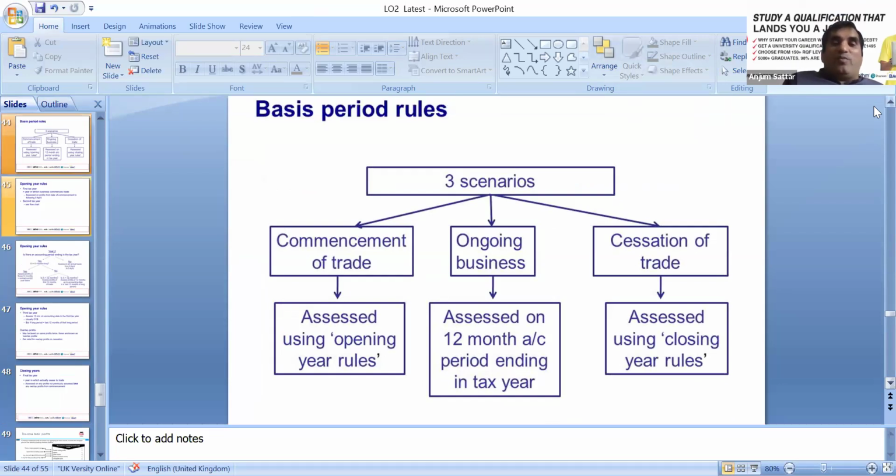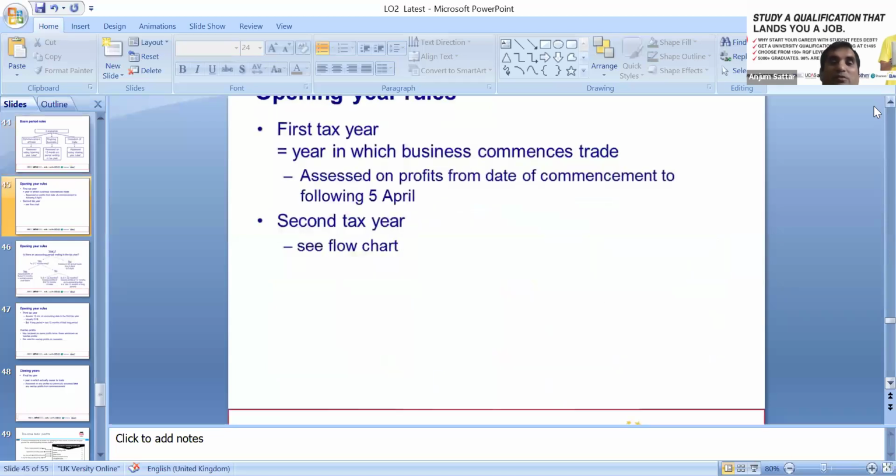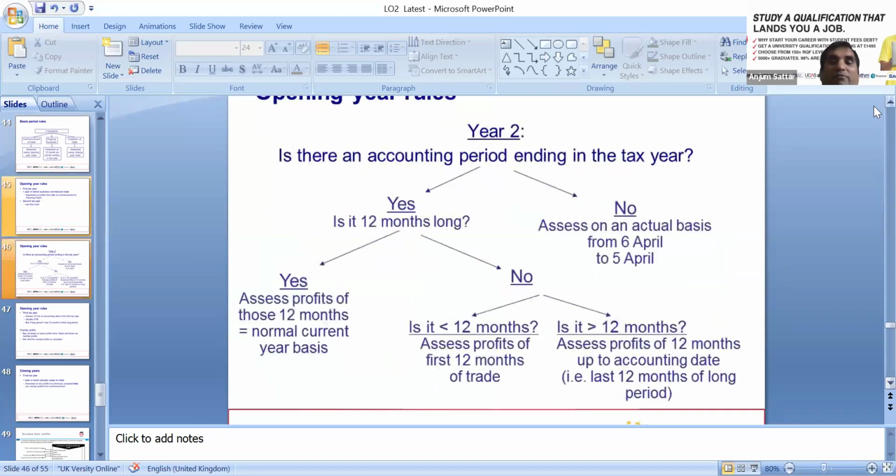Okay, 3 scenarios: commencement of the trade assessed using the opening years rule, ongoing business assessed on 12 months accounting, and the closing years rule. Of course, we can look around these rules accordingly. If there is an accounting period ending, is it a 12-month period, assess the 12-month profit, normal current year basis.